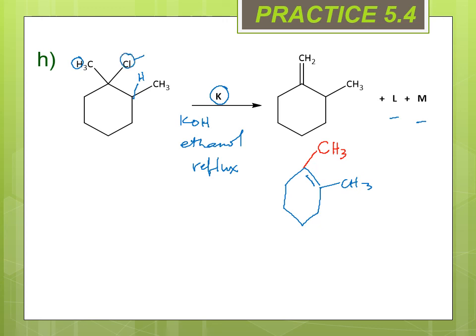Okay, when chlorine takes this one, it will form a double bond over here, and it can also take the one that is further away from it. For example, here, this is a minor one.